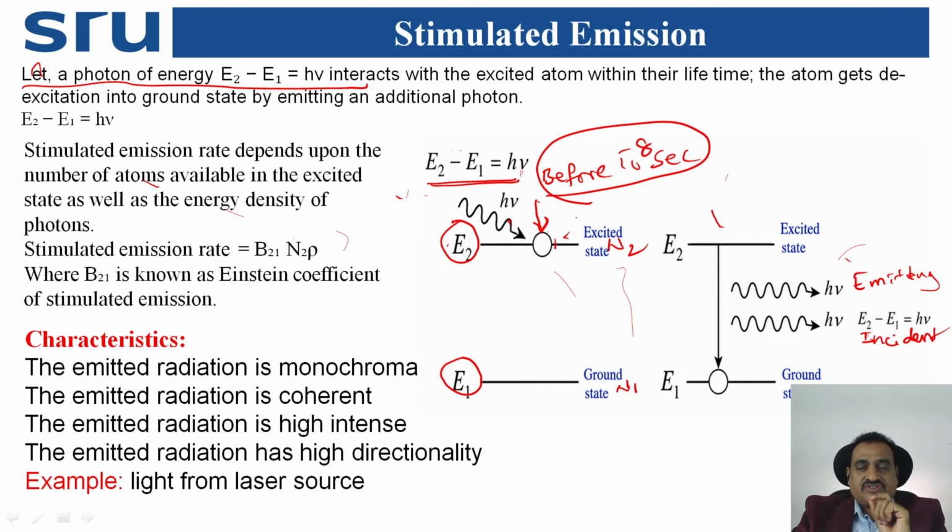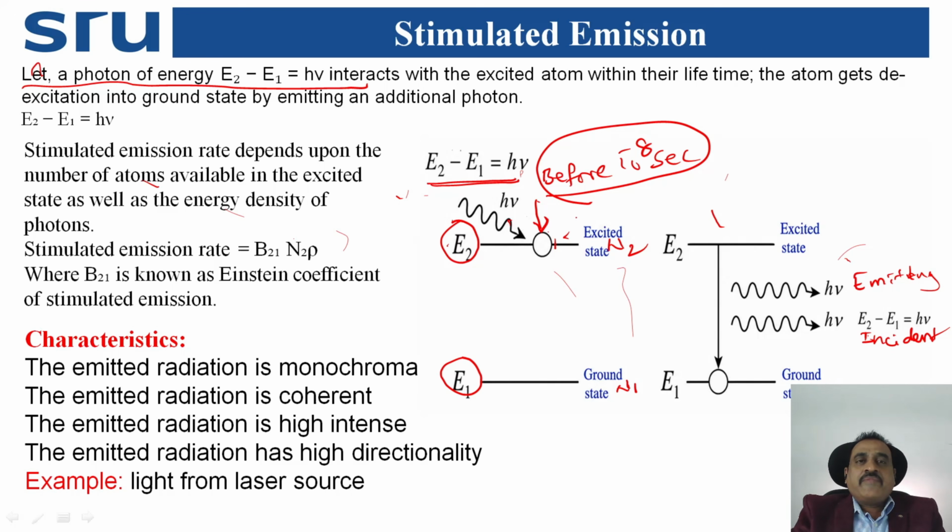During this transition, the atom emits another photon. It is called stimulated emission of radiation or induced emission of radiation. This is the process that makes laser light possible.